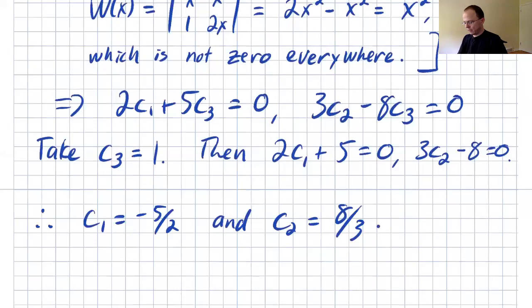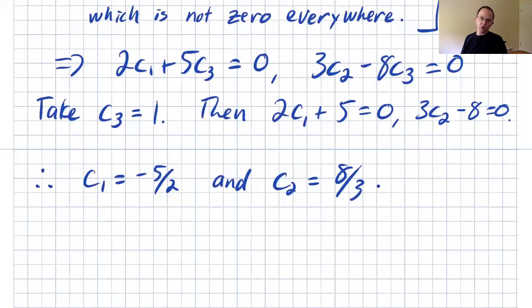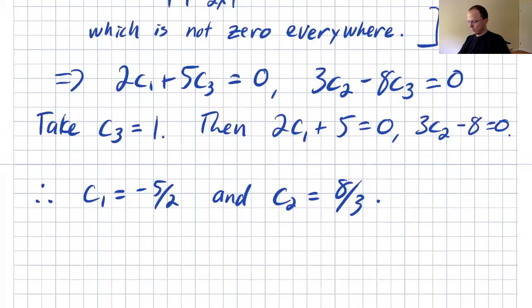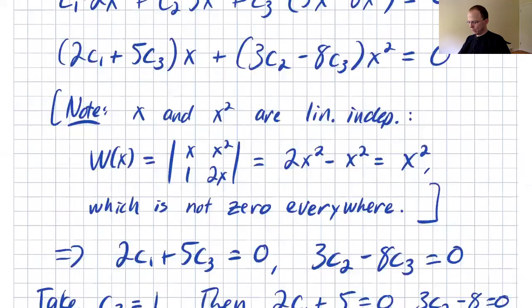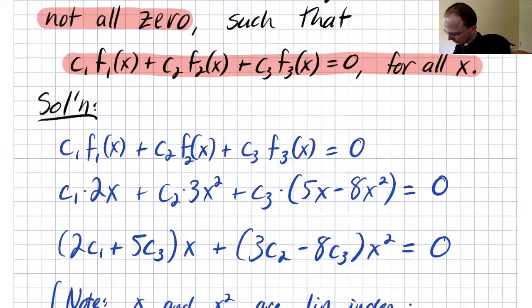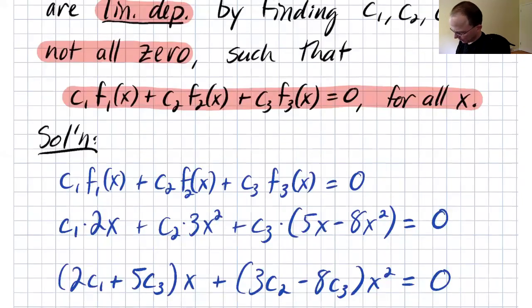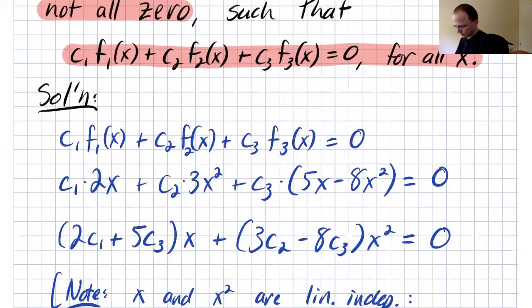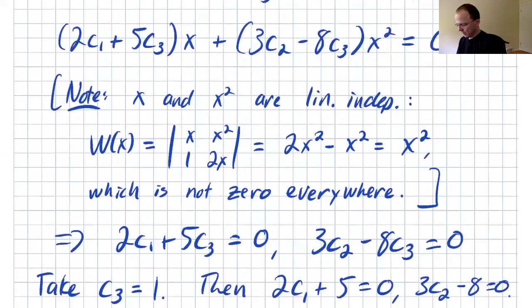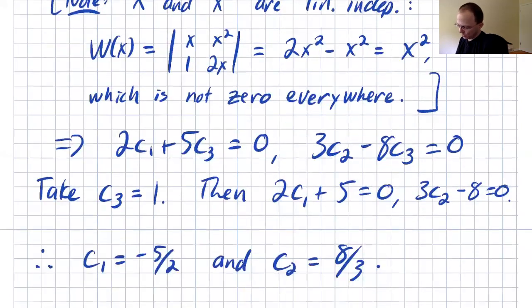Clearly, this is a non-zero set of values that would work. Those values of C1, C2, C3 are clearly not all 0. In fact, all of them are non-zero, and we're able to satisfy this equation that way. So that's a pretty good way to do this.